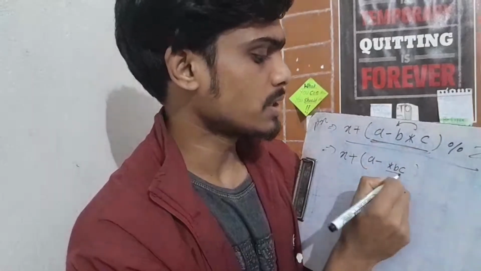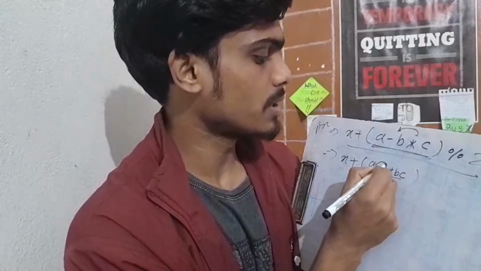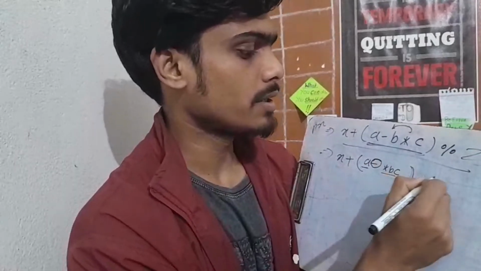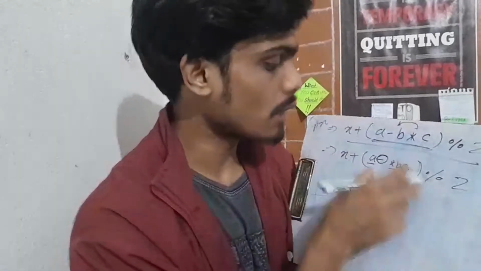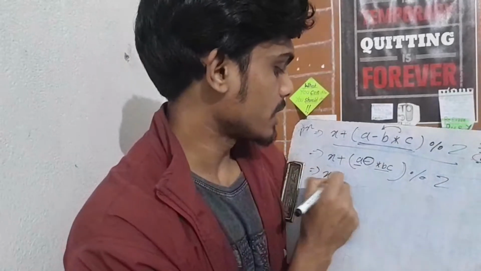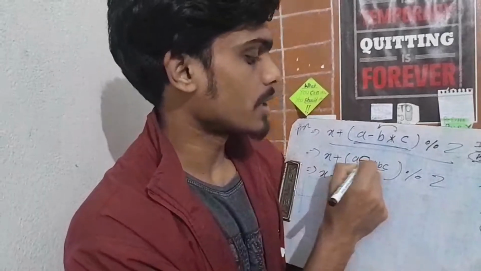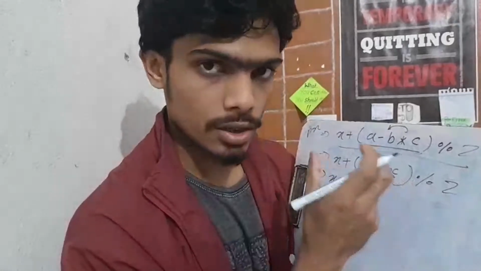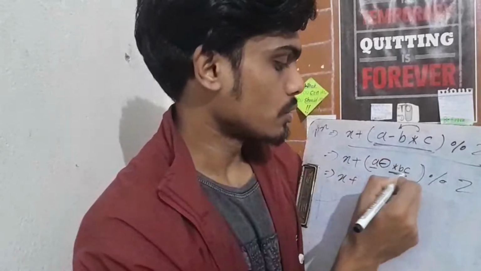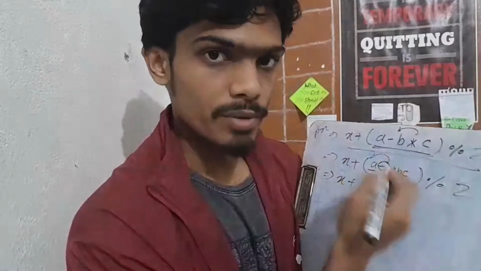So for this operand and this operand, here is the operator in the bracket, and we are solving the bracket according to priority. So now we will solve the bracket again. Here is our operator, and here are two operands. So we will keep this before.